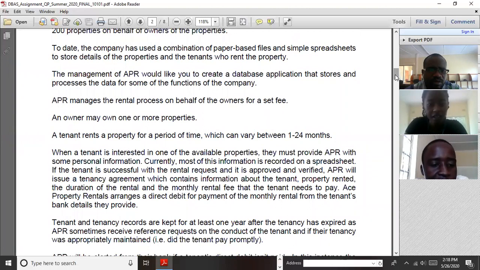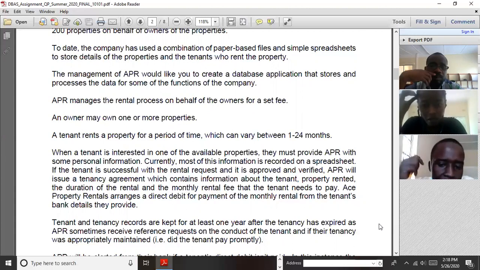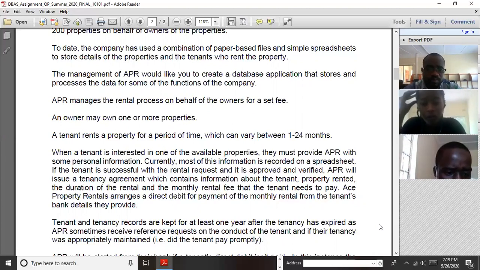If a tenant is successful with their rental request and it is approved and verified, APR will issue a tenancy agreement which contains information about the tenant, the property rented, the duration of the rental and the monthly rental fee that the tenant needs to pay. Each property rental arranges a direct debit for payment of the monthly rental from the bank details the tenant provides.